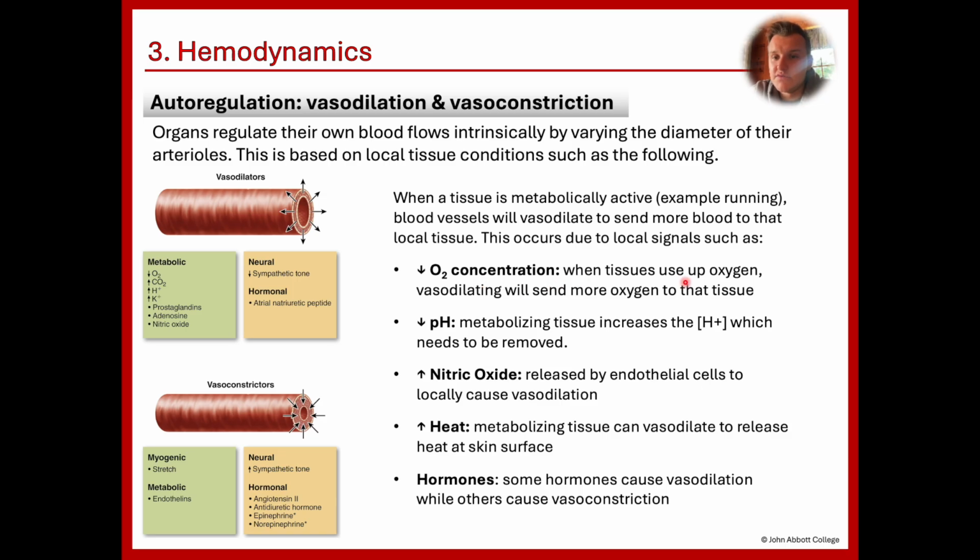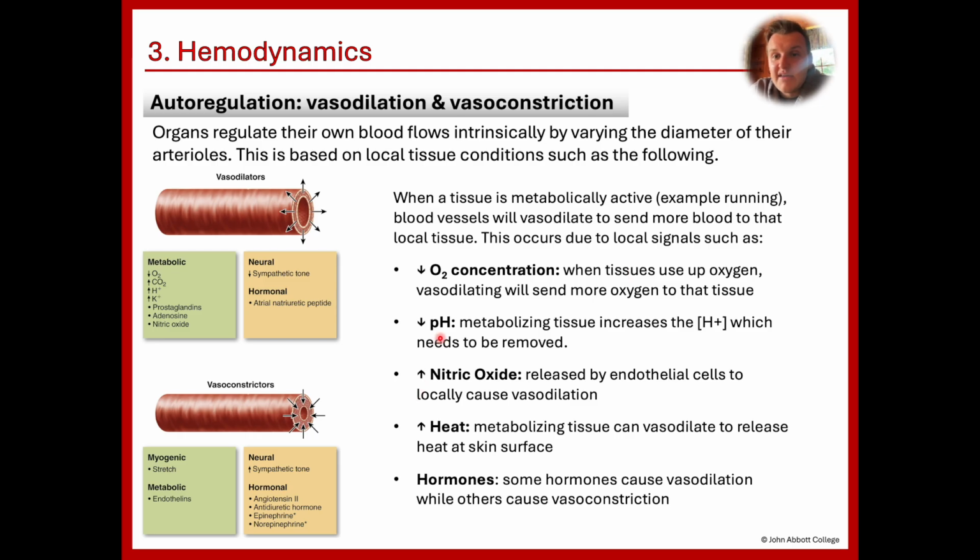So when your tissues, like your muscles, start using up a lot of the oxygen around it, then that will signal to the blood vessels, hey, you should vasodilate so that we can send more oxygen to this tissue, right? The opposite is true, where if there's a lot of oxygen, then there won't be a need to dilate the vessel even more because the tissues can use up all of that excess oxygen that's there.